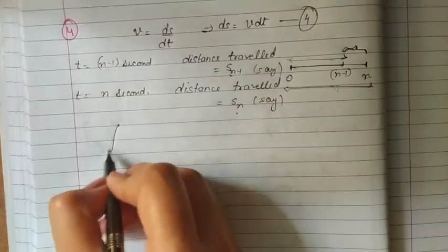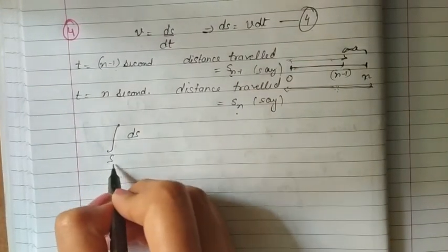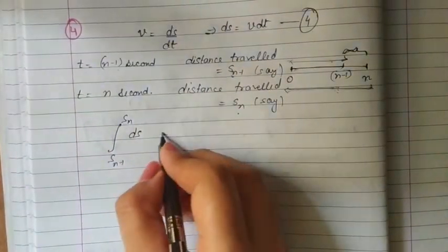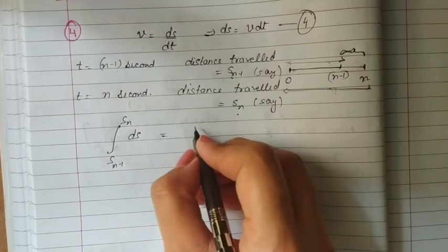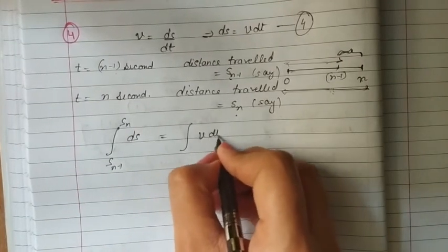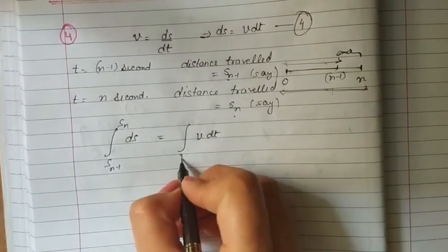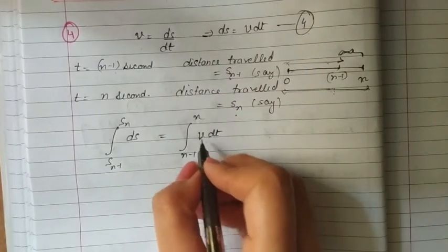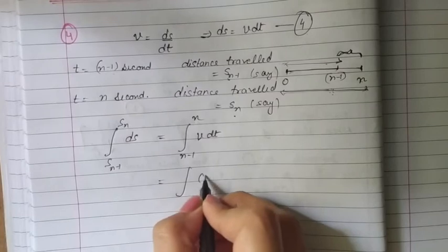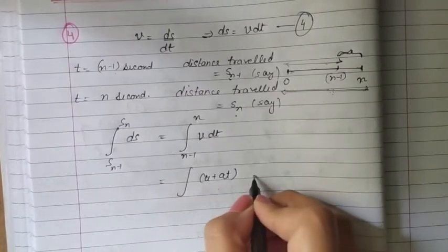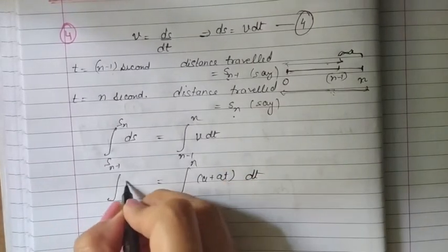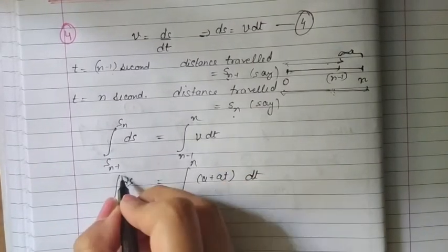So we get integral of ds from Sn minus 1 to Sn is equal to integral of v dt, और टाइम के लिमिट हो जाएंगे n minus 1 to n. By using first equation of motion, v को हम सब्सटीट्यूट कर सकते हैं u plus a t, and dt, n minus 1 to n, and left side is ds, Sn minus 1 to Sn.